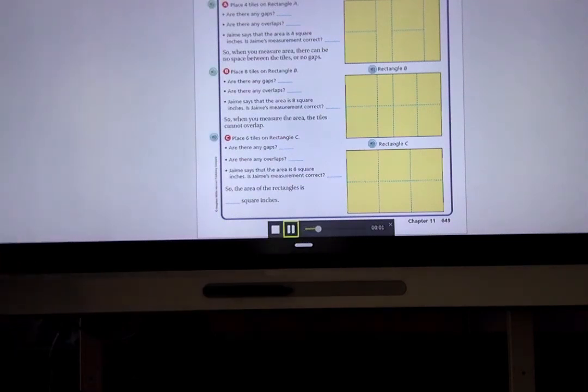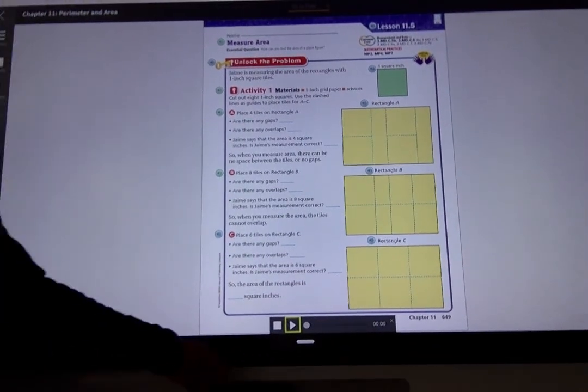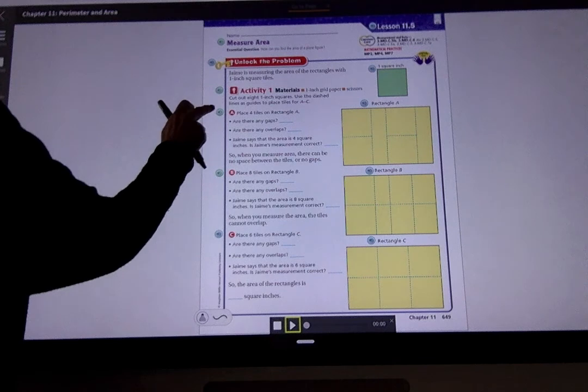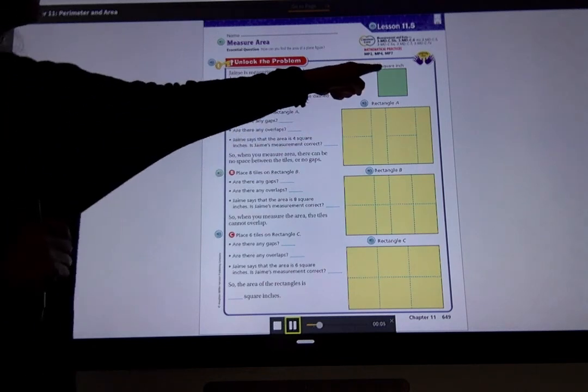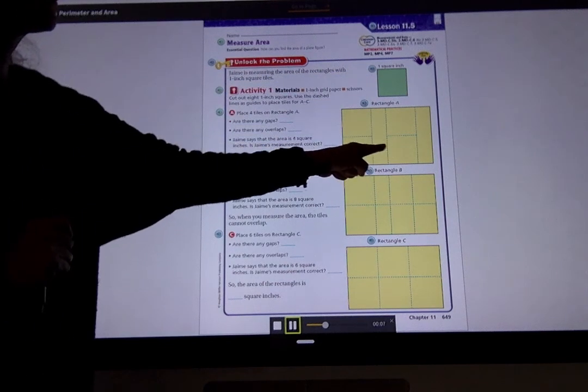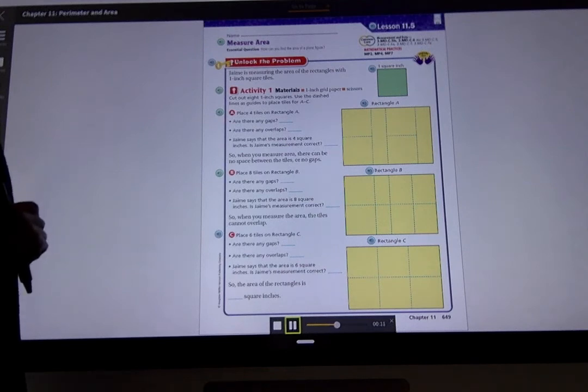Measure area. Essential question: How can you find the area of a plane figure? A. Place 4 tiles on rectangle A. Are there any gaps? Are there any overlaps? Jaime says that the area is 4 square inches.